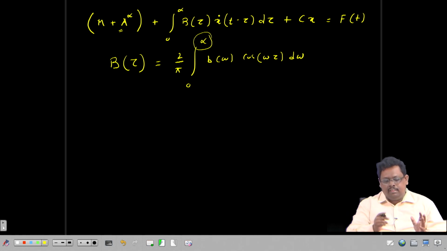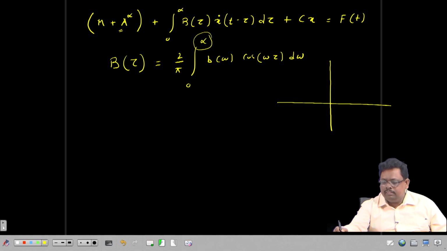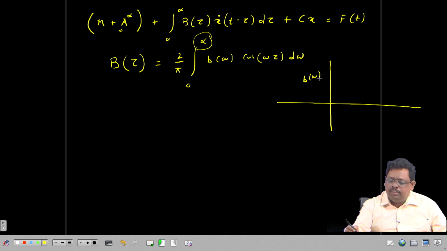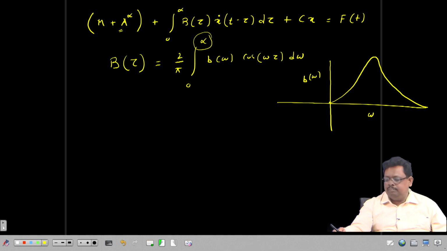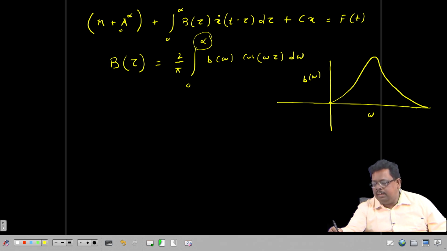However, you know that if I plot b omega versus omega, ideally the graph should look like this: at very low frequency it starts from 0, and then at high frequency, at some point this b goes to 0.